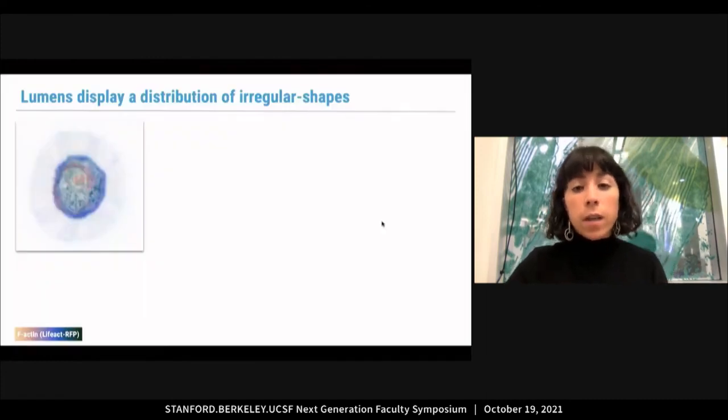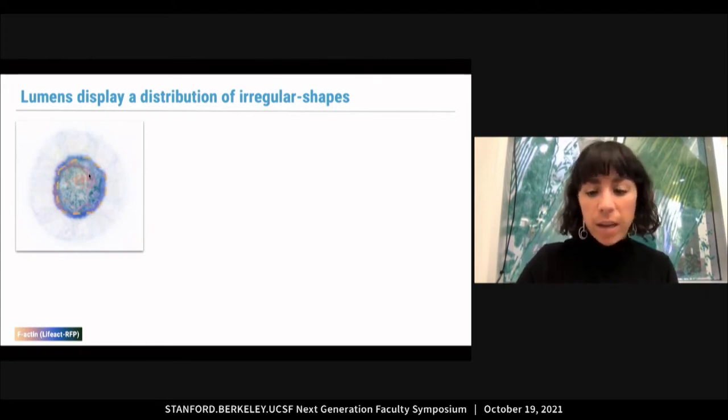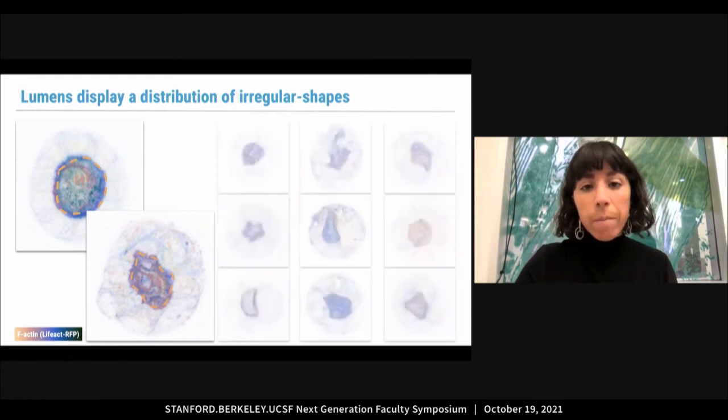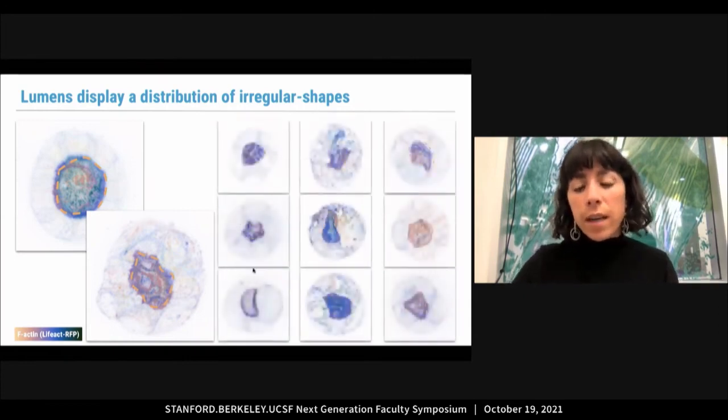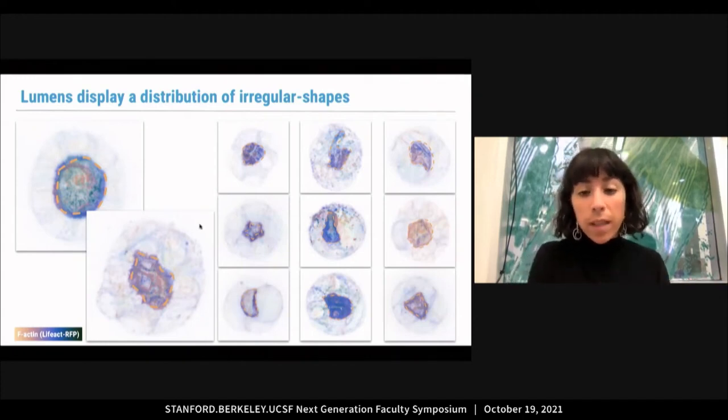And so when I first started looking at these cells forming lumens, you can see that some of them form these very regular shapes, and some of them form these very irregular shapes. So here's another example where you can see the faces of these cells pushing into the lumen. And when I looked at a whole bunch of these, I saw that cells can form a wide diversity of lumen shapes just by putting them in this extracellular matrix and allowing them to polarize.